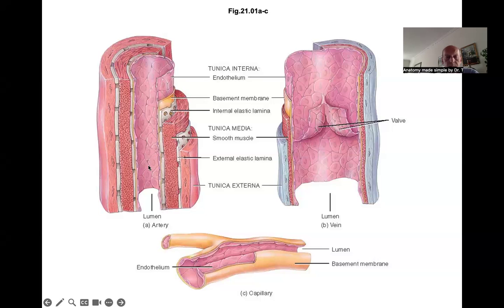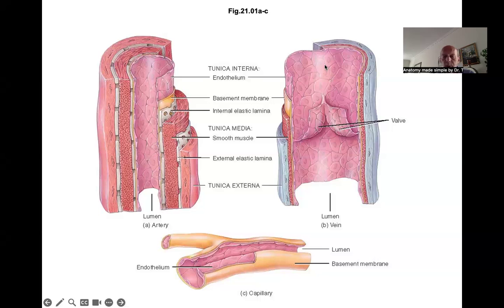Endothelium in arteries is perfectly smooth. However, endothelium in veins is going to be occasionally thrown into folds that are called valves. Valves are particularly present in veins of the lower limb because we have to offset the force of gravity.